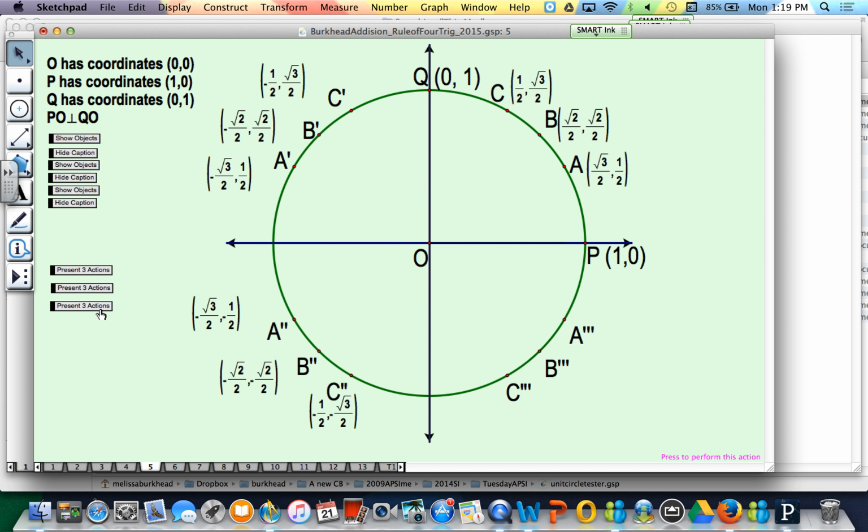Do y'all follow that they would have the same magnitude as in our first quadrant, but we would just have two negatives? Does that make sense? And then in that fourth quadrant, our x is going to be positive and our y is going to be negative. Does that make sense? So, looking good.